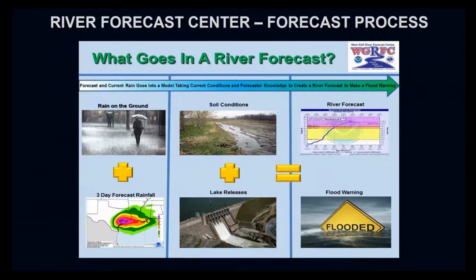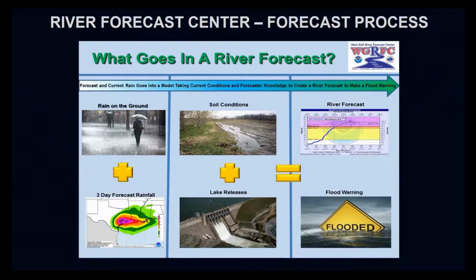All that is combined to produce the river forecast, and that is the stage forecast that is pushed out onto NWS apps and a variety of other products that are used by our customers and partners to understand the impacts of flooding on their locations. This is also the basis for flood warnings, the warnings that our weather forecast offices put out for our partners and customers. Now, GOES-R was used, or could be used, in several different points of this process.